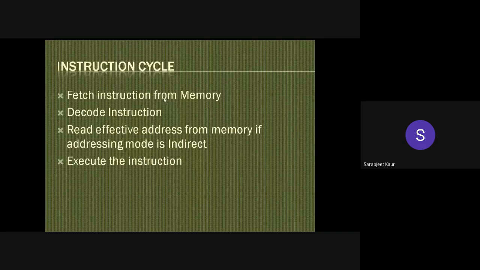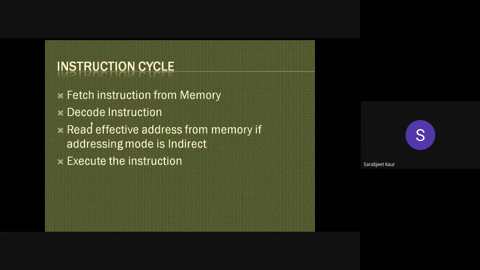After the fetch phase, we go over to the decode phase. So the instruction which has been fetched from RAM, placed into one of the registers of the CPU, is now decoded. We will see how this process of decoding takes place.